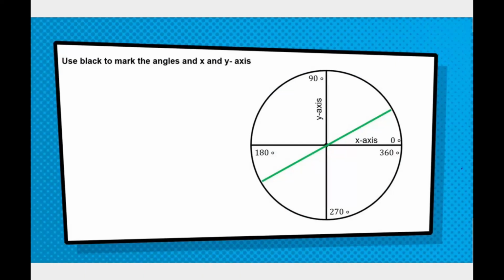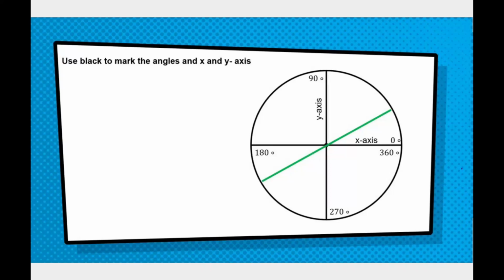Other than that green line that we see right here, because that's not supposed to show up till later, this is what your unit circle should look like after you have this cut out. We're going to glue this into our notes, but not yet. I want to use black or something kind of dark because there's a lot going on.